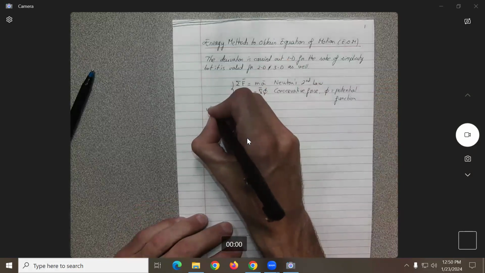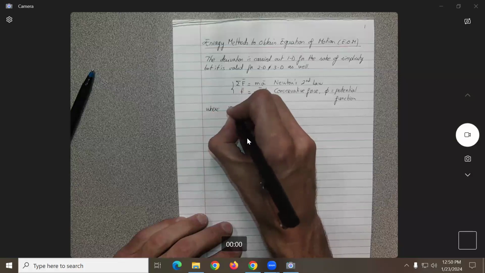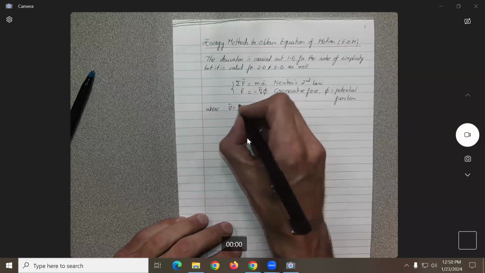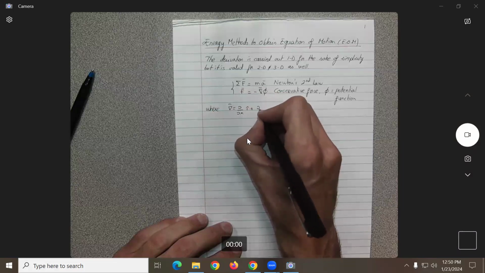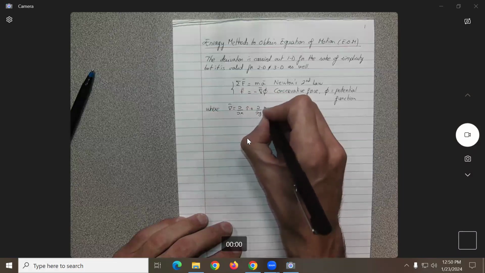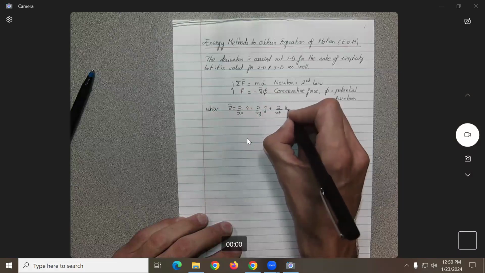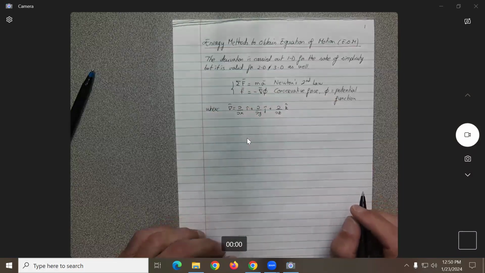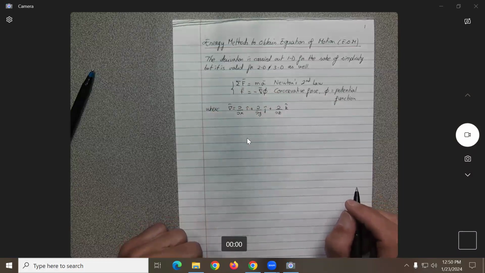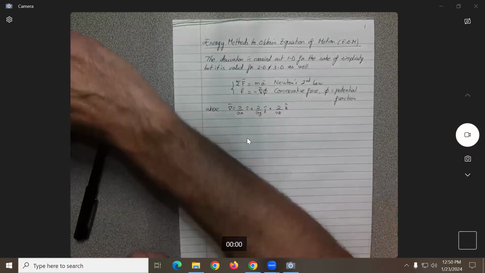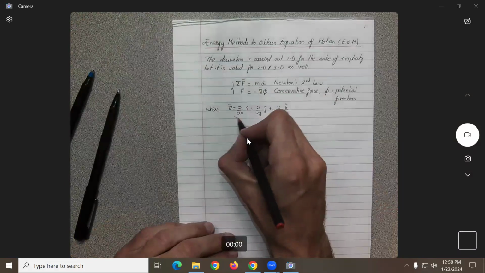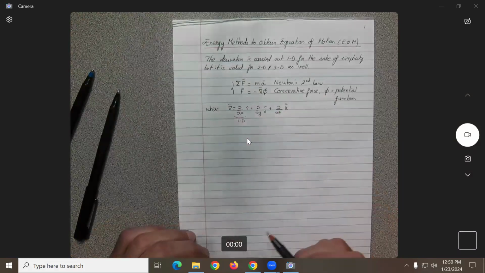Where over here the del operator is equal to partial x i, in 3D, plus partial y j plus partial z k. Okay, so for 1D, it will just be this, okay?